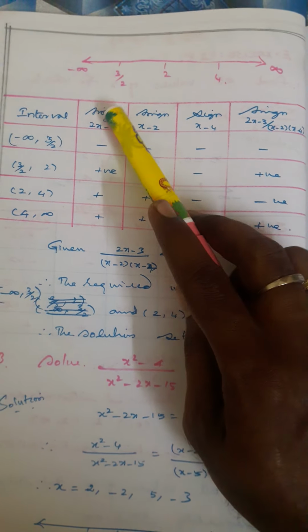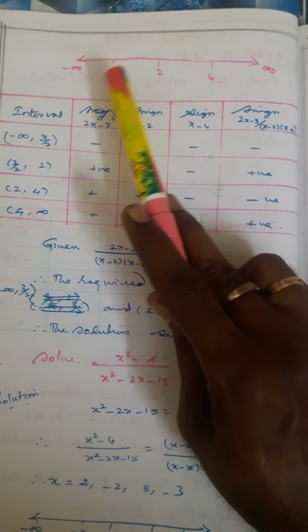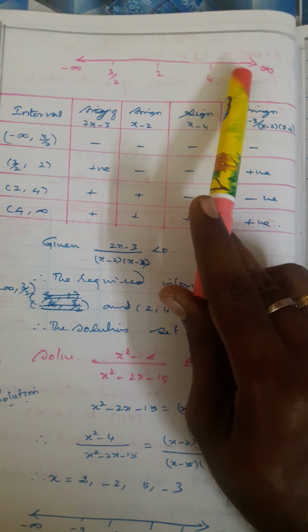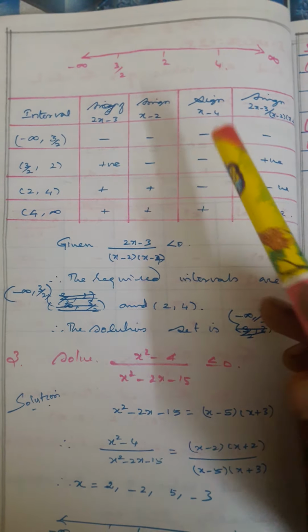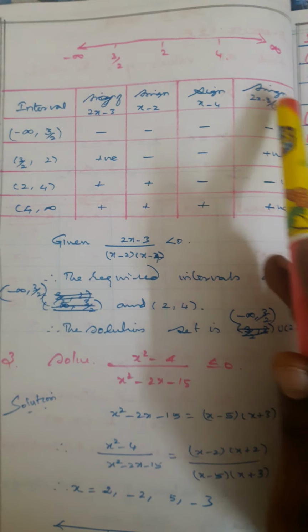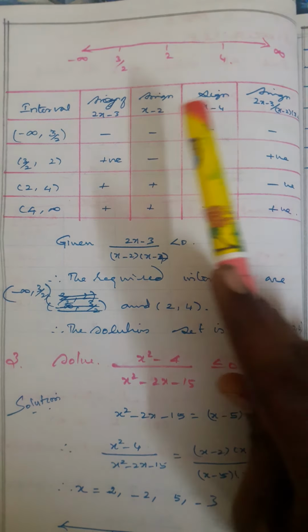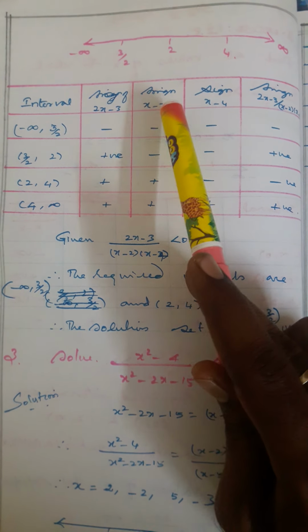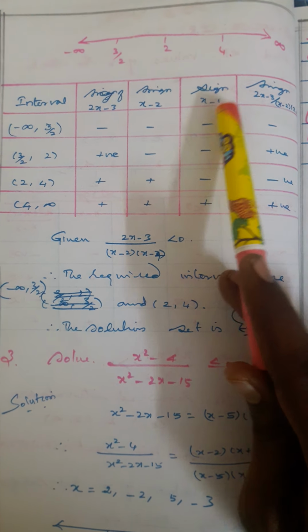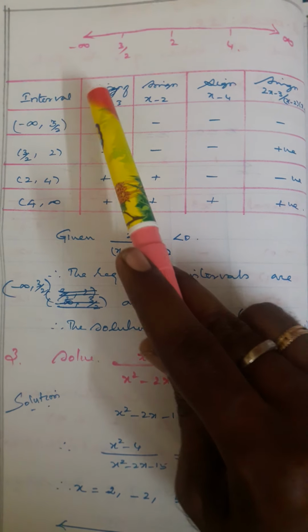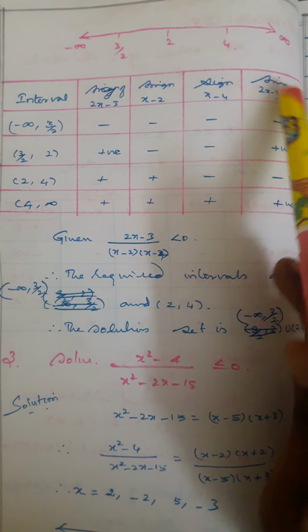So again you have the first interval, second interval, third interval, fourth interval. 4 intervals we have. We have to find the factors 2x minus 3, x minus 2, x minus 4 and the value. So this is called the sign.